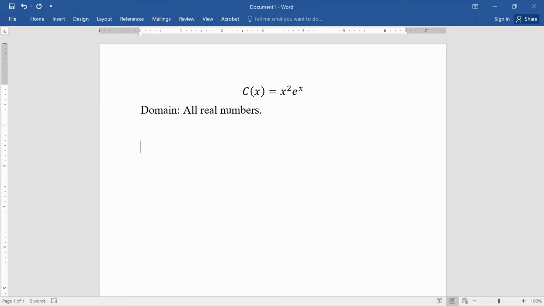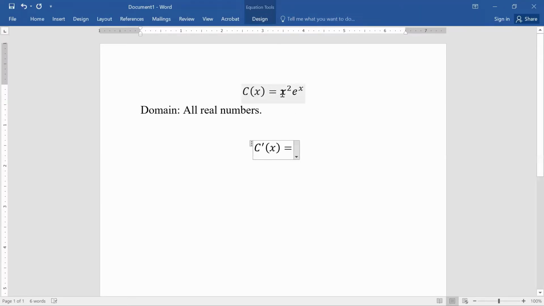That means I'm going to start looking for critical values. In order to look for critical values, I need to find the first derivative. The first derivative is going to be calculated by doing a product rule.